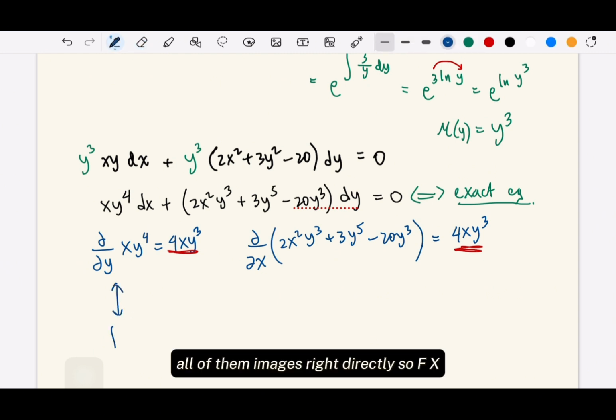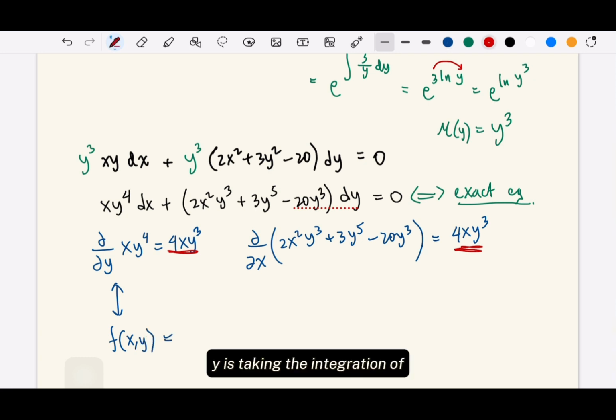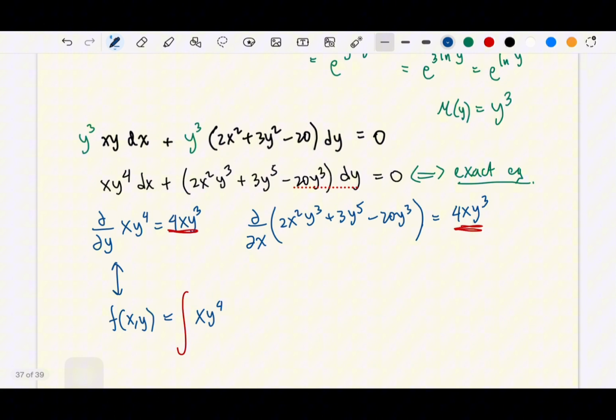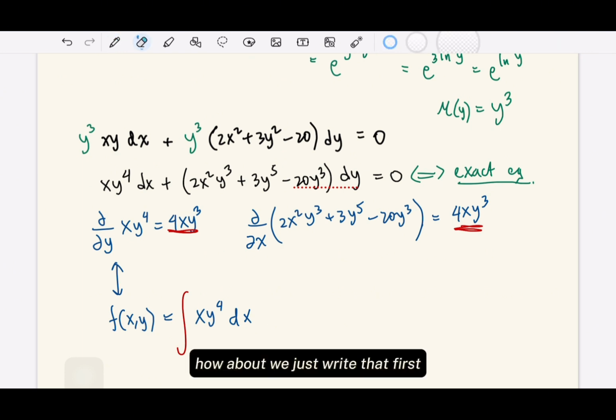So f(x,y) is taking the integration of xy to the power of 4 with respect to x.